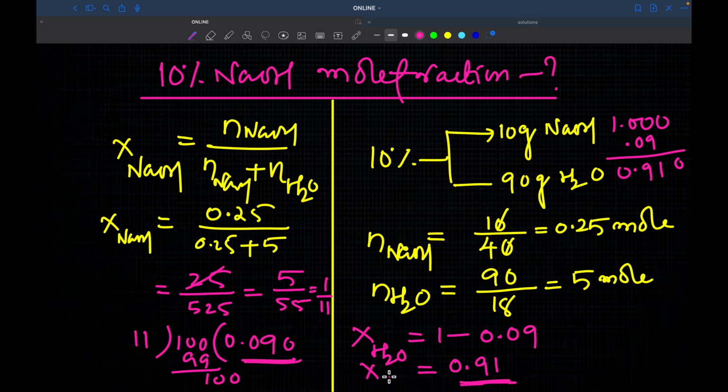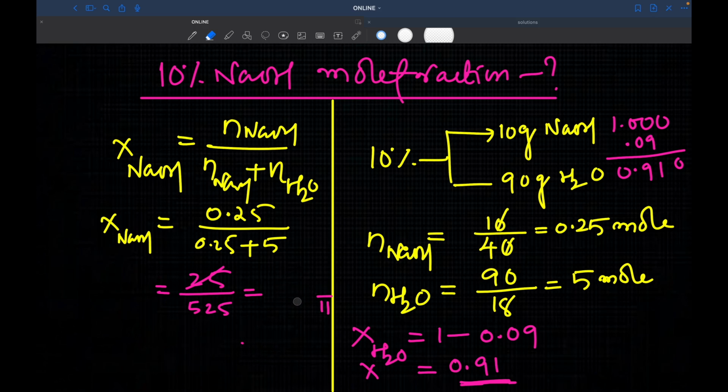Where did the calculation mistake come up? In calculating the mole fraction of NaOH, 25 by 105, we will get, if we cancel with 5. It's not 11, it's 105, right?